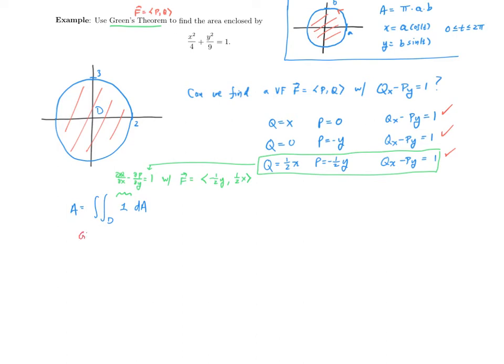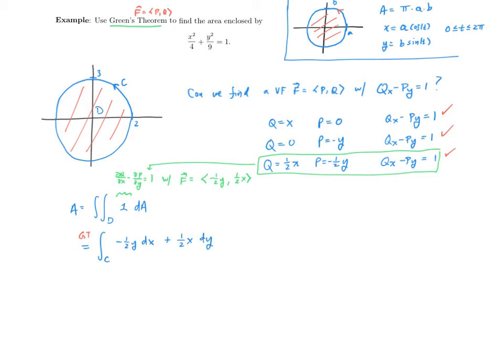So Green's theorem implies that the double integral is equal to the line integral over the curve C, where note C is the curve above bounding the ellipse, but with a counterclockwise orientation. And our integrand for the line integral will be p dx plus q dy.